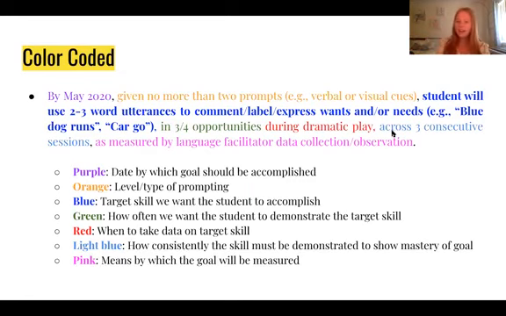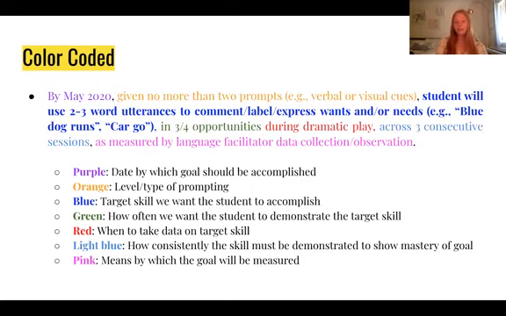And then here we have across 3 consecutive sessions. And you're going to see this pretty much in every goal that you ever read. It's going to say like across 2 or 3 consecutive sessions. And the reason why is because a client might meet a goal one week, and that's awesome. That's what we want to see, right? But just because you meet it once doesn't mean you actually get it.